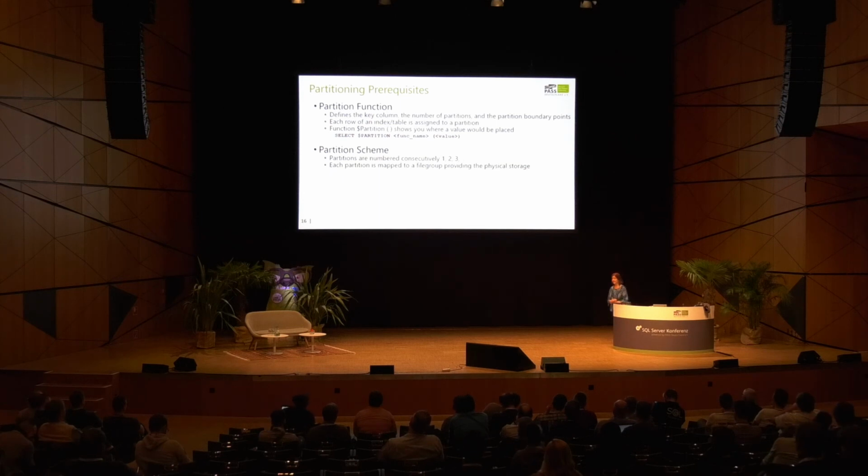The biggest benefit is data loading and unloading. So let's say you have a table of your sales history. You've got your last 12 months of sales history, so the oldest one is February 2018, and it goes all the way up to January 2019, last month.